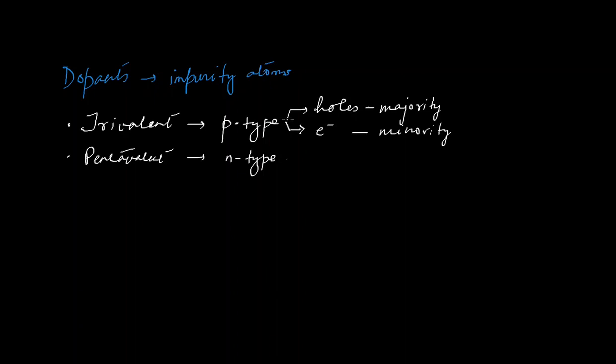That means in p-type semiconductor there are more holes than electrons. In the n-type semiconductor, on the other hand, electrons are the majority charge carriers, whereas the holes are the minority charge carriers. So in n-type semiconductor, there are more electrons than holes.